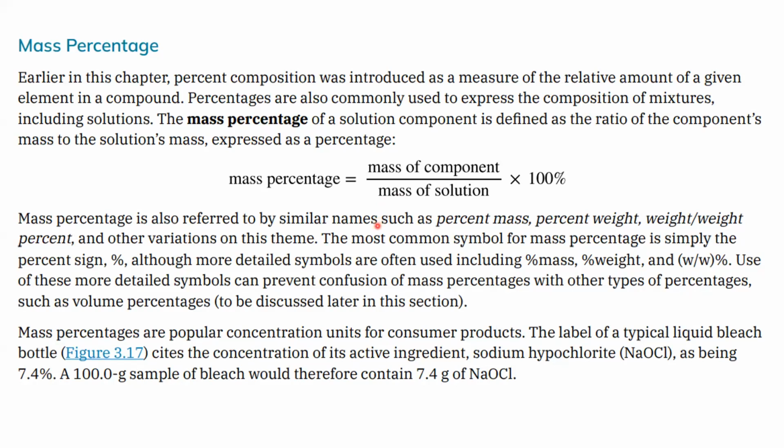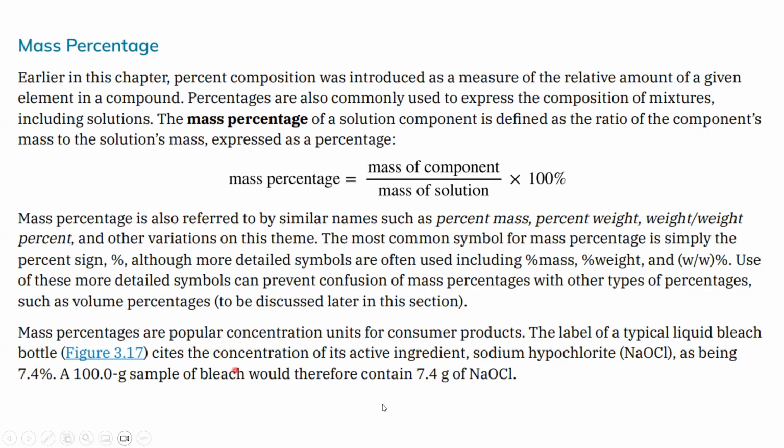And a lot of products tend to have labels like this. So sometimes you'll see mass percent, percent mass, percent weight, W over W percent, so weight by weight. There's a couple different ways to express it, but they're all referring to the same idea. So just how much of the solution by mass is whatever that component.